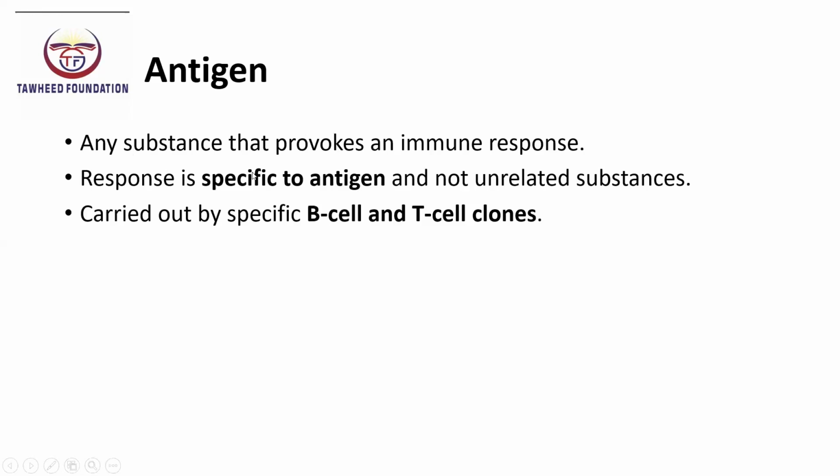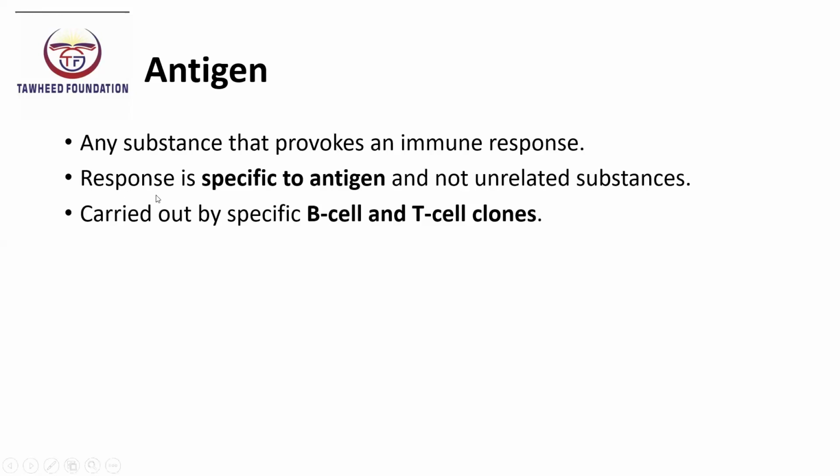An antigen is defined as any substance that has the ability to provoke the immune system of an animal or human being to respond by producing an immune reaction or response. What makes an antigen unique is that this reaction is directed specifically against the antigen itself and not against unrelated substances.